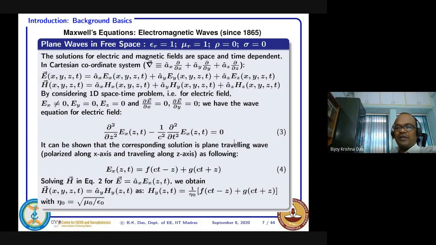If you look at equation 3, it is basically a so-called wave equation, and its solutions can be considered as a plane traveling wave polarized along the x-axis. Polarized means the direction of the electric field.